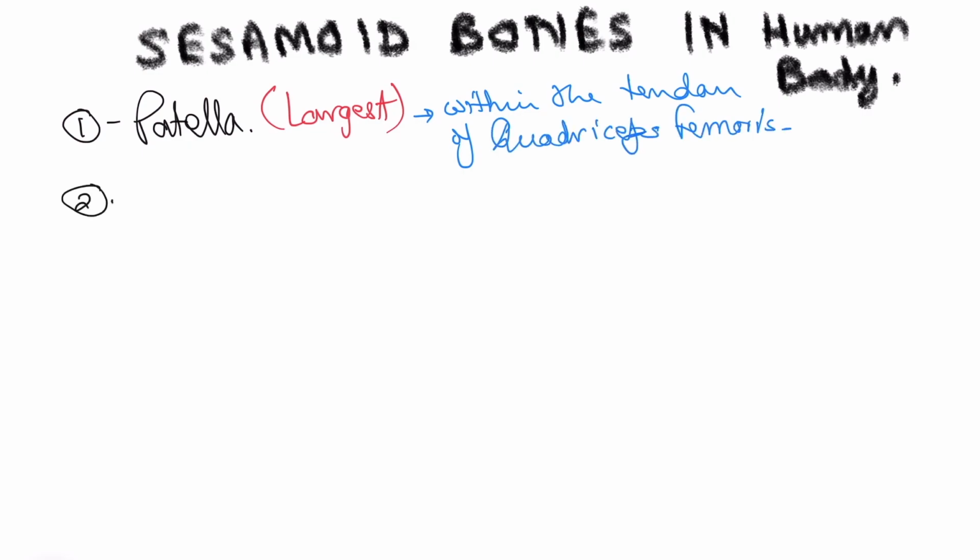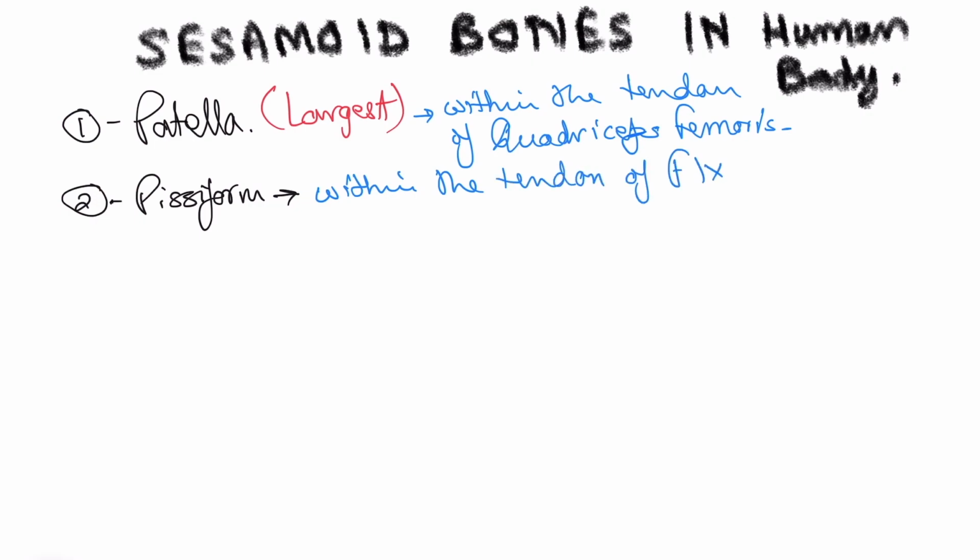Next is the pisiform. Now, the pisiform is formed within the tendon of which muscle? Flexor carpi ulnaris.